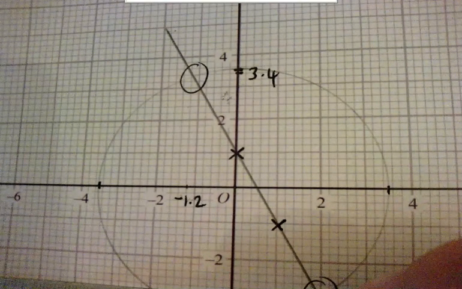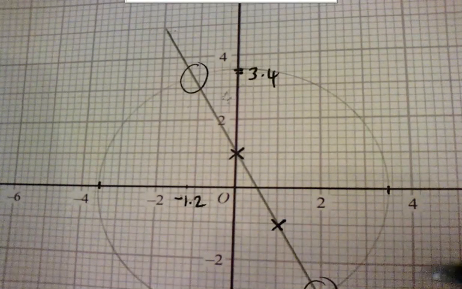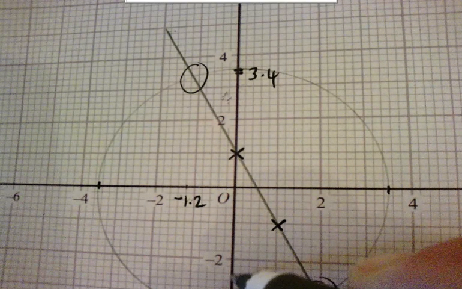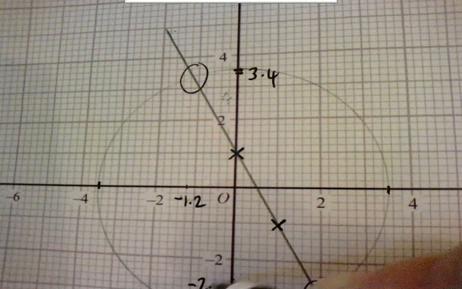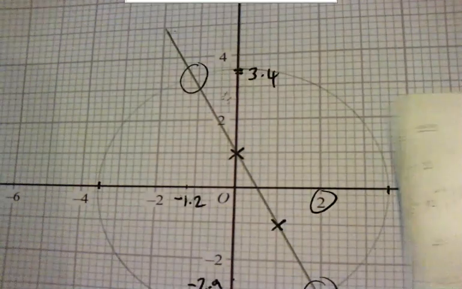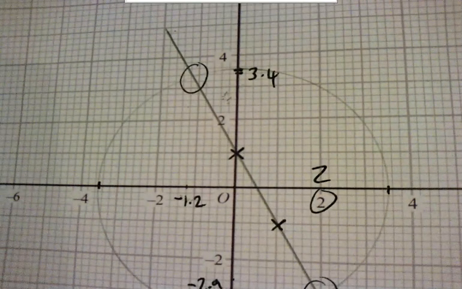And then for this one, the y coordinate looks like it's about negative 2.9. And the x coordinate looks like it's 2. So I'm going to write those as a set of solutions.